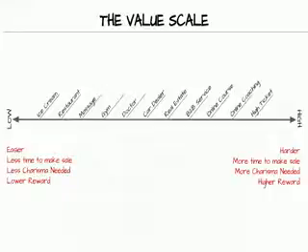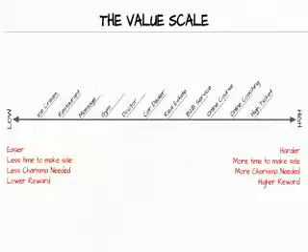So down here we see what happens and what's required on each end of the value scale. The lower on the value scale, the easier it is to succeed. The less time it takes to make a sale and the less charisma needed to make a sale. But it's also lower reward, a $2 ice cream cone or a $40 dinner versus a $20,000 coaching program.